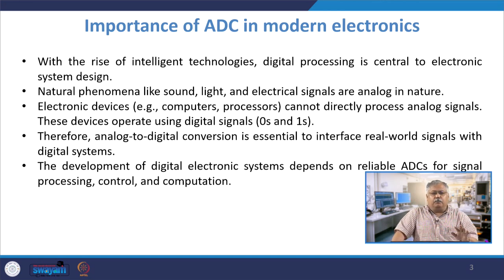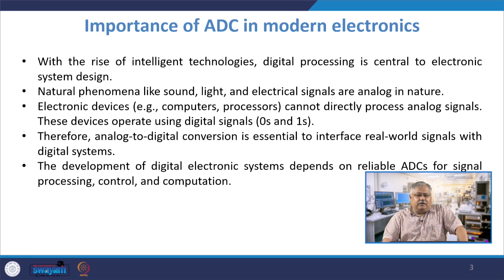However, one important point is that analog to digital conversion is a sort of interface between the real world and the digital system. The digital system is where you do the computation, while the real world is more or less analog in nature, right.